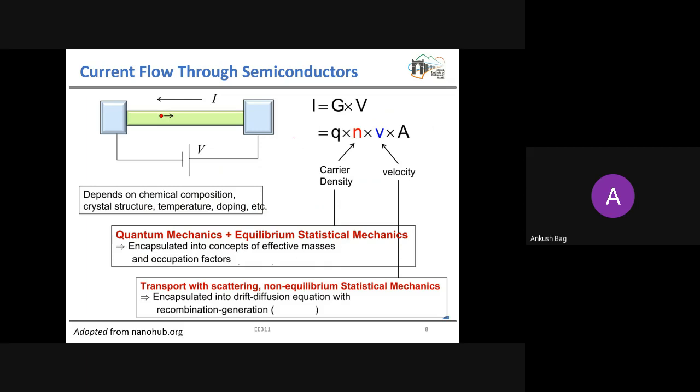But if we consider the drift current, where we just apply the voltage across our device and the current will flow, this drift current is essentially a function of mainly two factors. One is the carrier concentration and another one is the velocity. So how many carriers you have in your semiconductor and how fast those carriers will move in your semiconductor with the application of electric field will decide the current you get from your semiconductor.